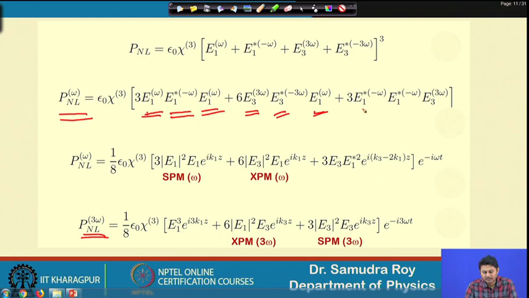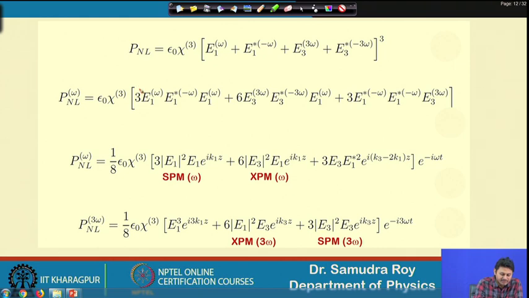Again, one can have E1 star, which is minus omega, taken twice, giving minus 2 omega, multiplied by E3 with 3 omega. If you add minus 2 omega plus 3 omega, again you will have omega. The interesting thing is again the degeneracy factor. You can see we have a degeneracy factor of 3 here, because E1 star is different but E1 is the same. So how many distinct fields are there? Only 2 distinct fields, E1 star and E1.